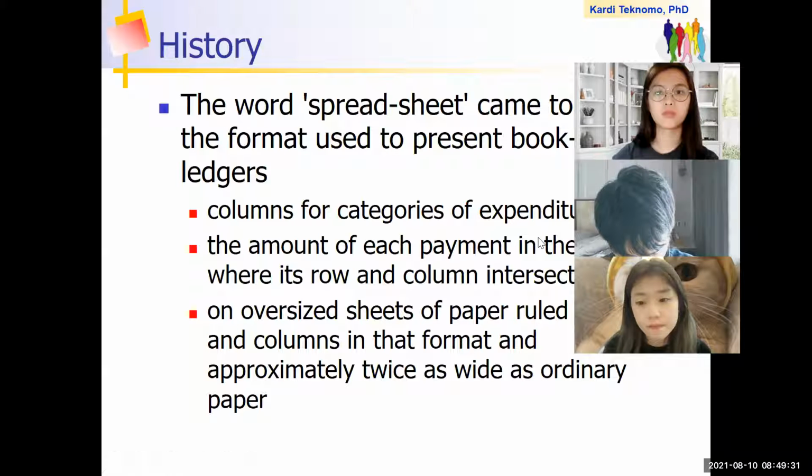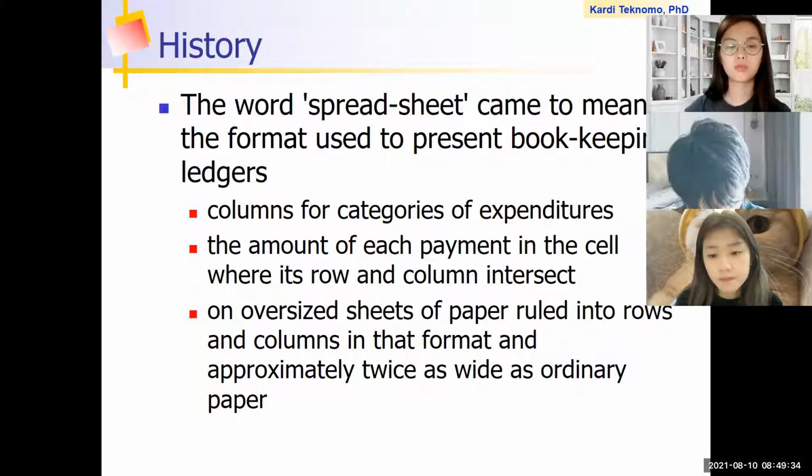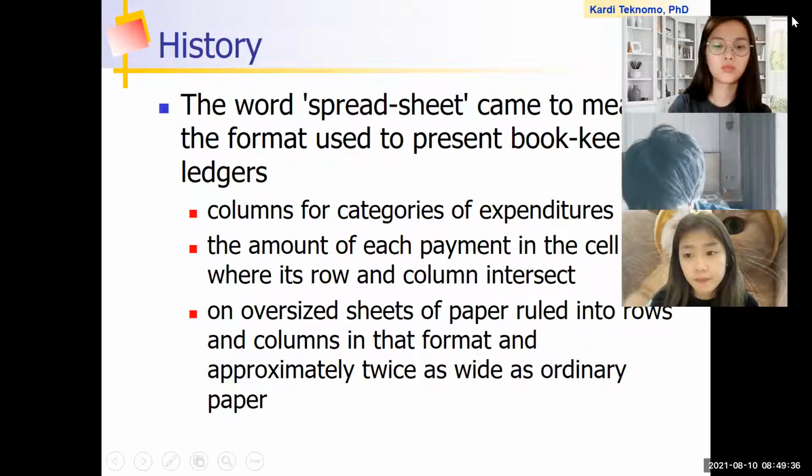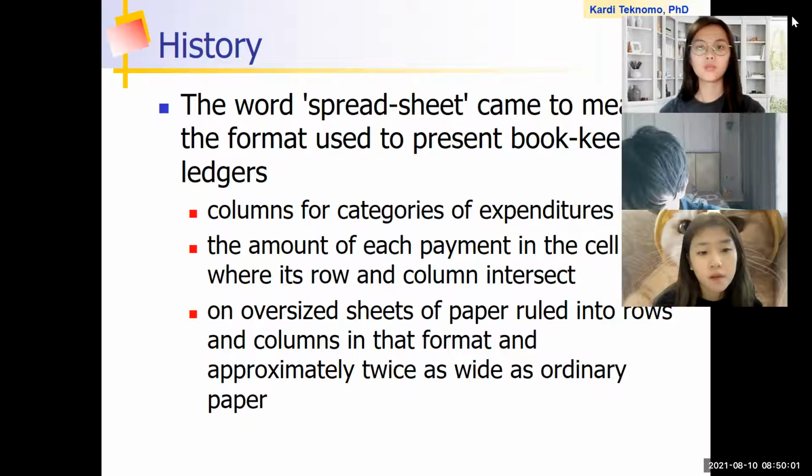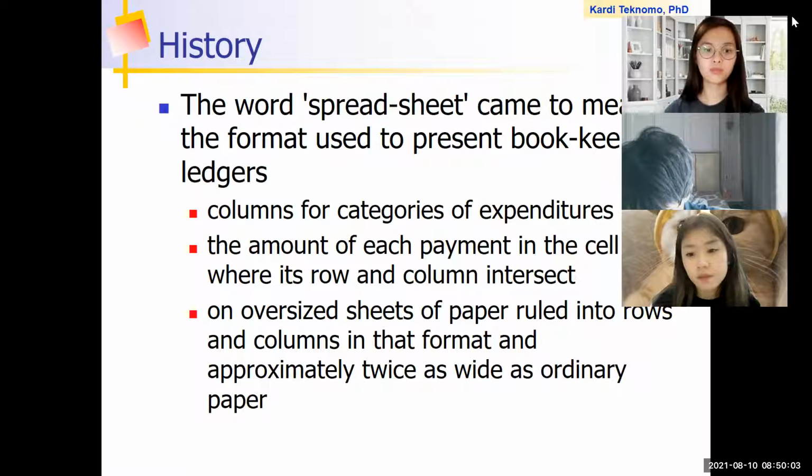So in history, the word spreadsheet means bookkeeping ledger. The columns represent the category of expenditure and then the payment. So basically a spreadsheet is a kind of very big paper, a ledger in the early days, in the 1950s. It's a very big paper for the financial ledger.